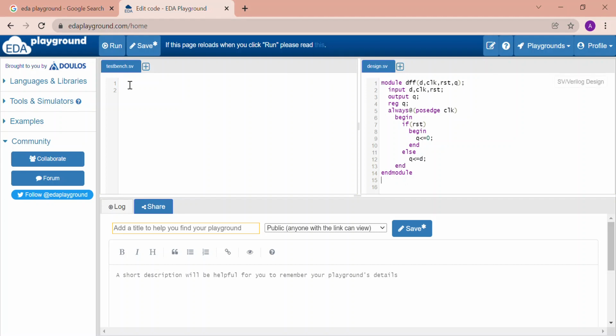Writing a test bench for the code, that is module D flip-flop test bench.